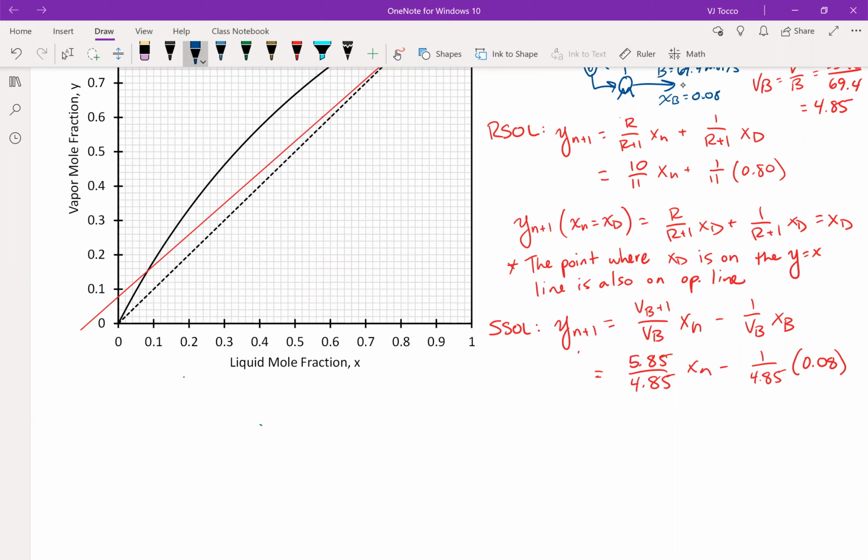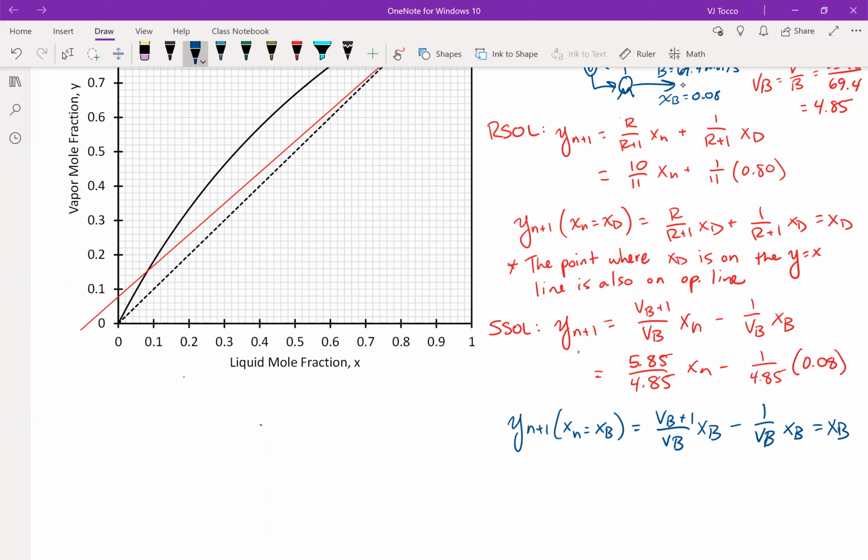So I can say that y of n plus 1 for xn equal to xb is equal to (VB plus 1) over VB times xb minus 1 over VB xb. The xb's are going to cancel out again. My 1's are going to cancel out. VB over VB is equal to 1. This is equal to xb.